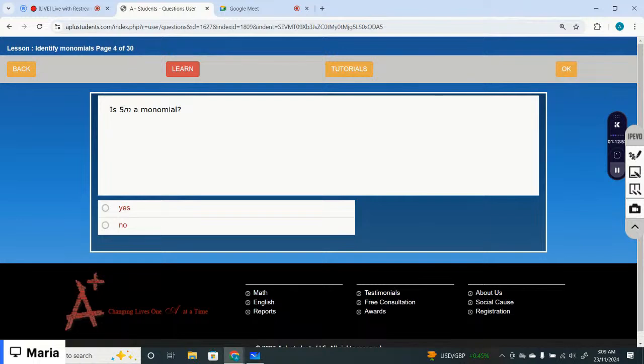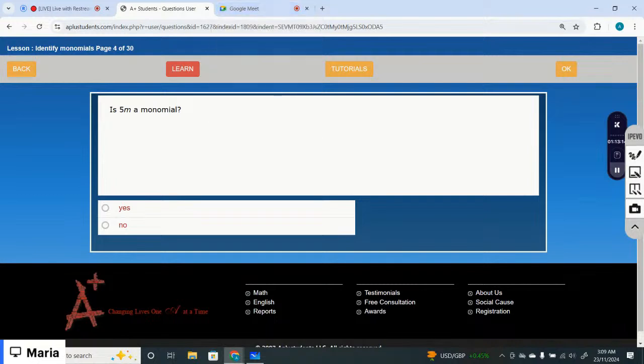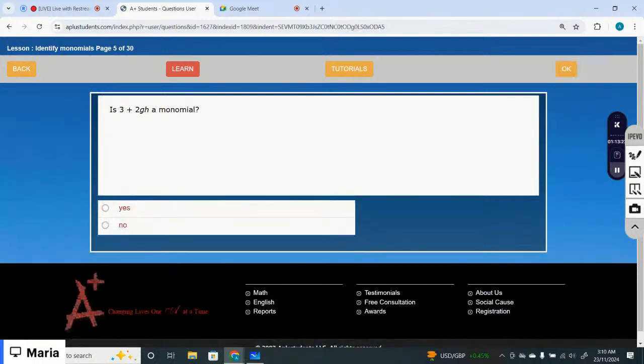Is 5m a monomial? The correct option is yes, it is a monomial. Option number 1 is the correct option. Is 3 plus 2gh a monomial?